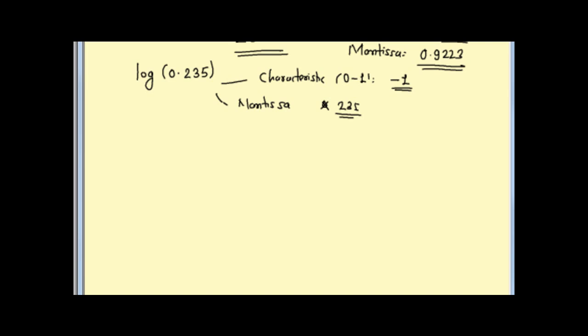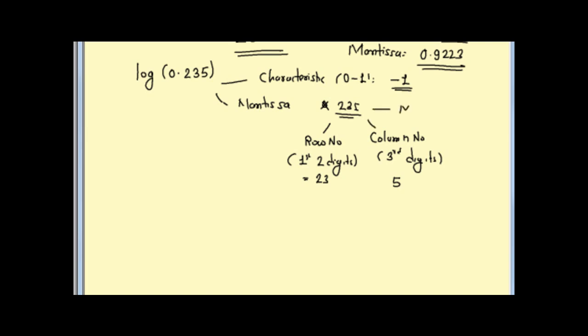As we have already seen, the first 2 digits, here 23, give the row number, the third digit, that is 5, gives the column number, and the fourth digit gives the mean difference.